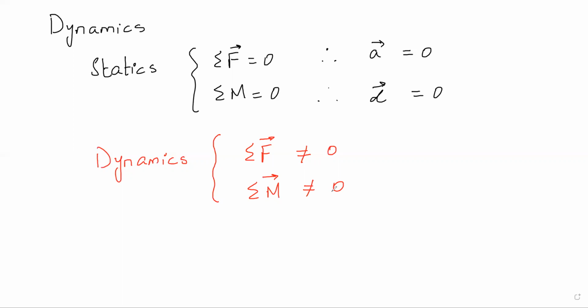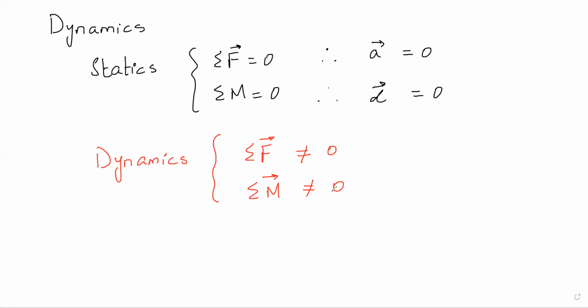So for example, summation of forces is not equal to 0, right? And one more time, summation of moments is not equal to 0, right? Because this fellow was rotating. It had an alpha. Let's not get into that. It was a constant angular velocity problem.